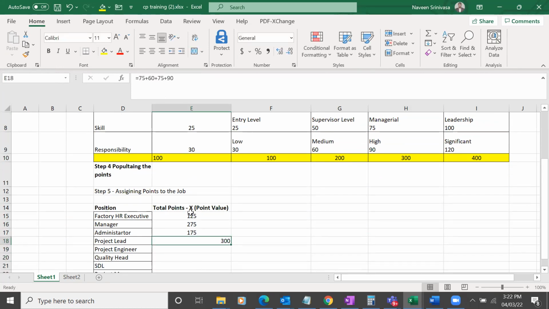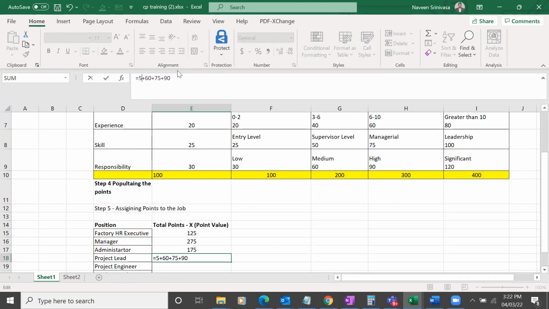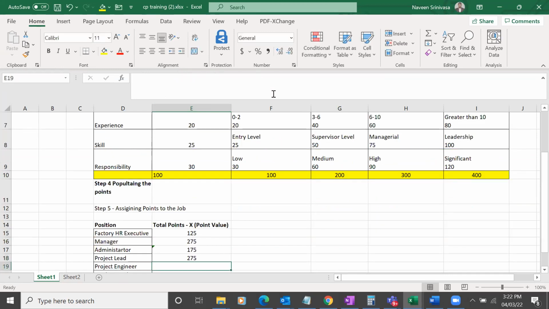A project lead can't carry more points than a manager. It is between executive and manager. Okay, then you can minus 25, so instead of 75 you can add 50. It will be similar marks. In IT, anybody with around 6 to 8 years of experience can become a project lead.